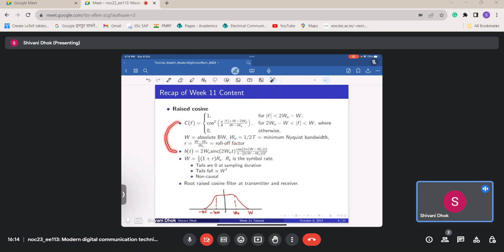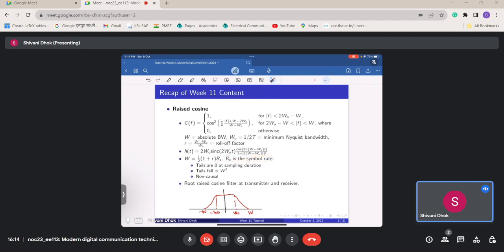Now the time domain equivalent of this, or the channel impulse response, is given by this formula, and this bandwidth W is given by 1 by 2 (1 plus r) times Rs, where Rs is the symbol rate. Now what exactly is happening?